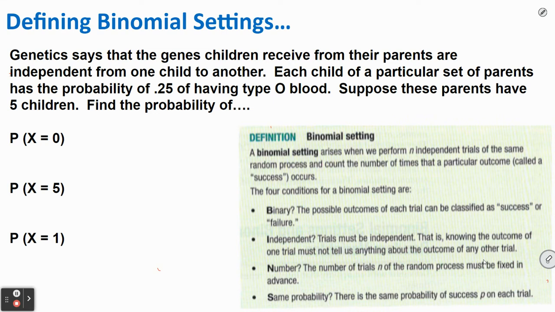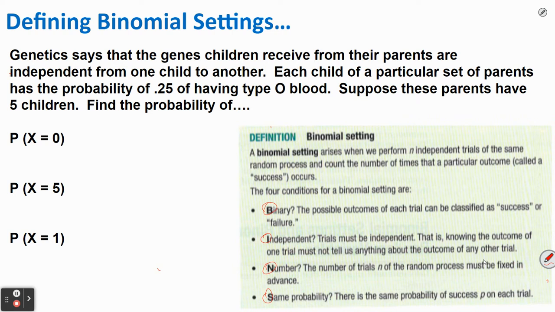Okay, we use in stats a mnemonic, BINS, to establish that this is a binomial setting. B is for binary, meaning like binary code 0 and 1, that there are only two possible outcomes. And generally, we define this as success or failure, though the words success or failure do not have to be in the problem.